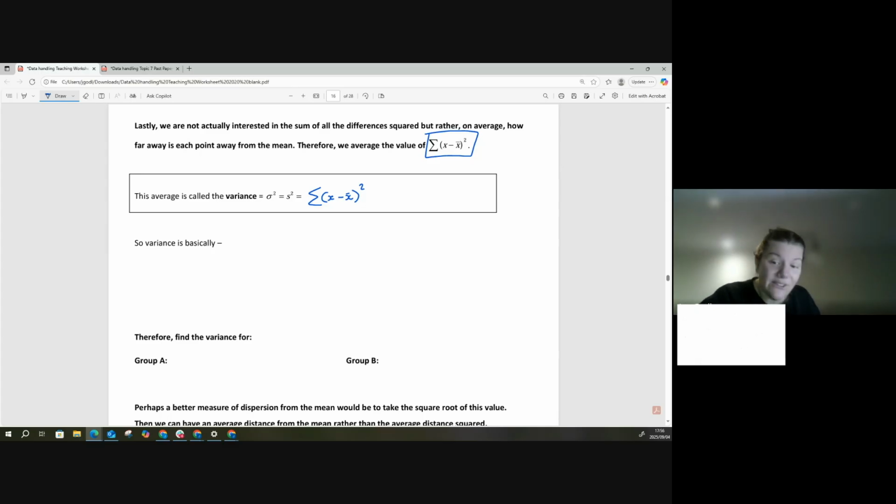I've given you the definition earlier. Who can give me a nice, very basic way of saying what variance is? Think about what we've just done and put it into your own words.